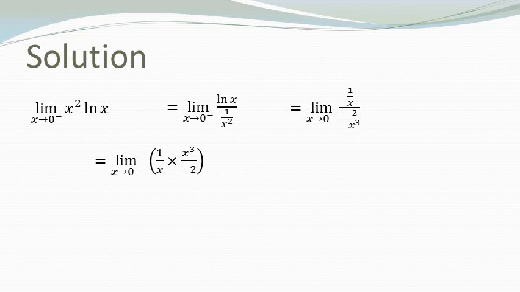Now cancelling out the common factor x, we can say that this is the limit of minus x squared by 2 as x approaches 0 minus, and that's just equal to 0. So in general, for any value of n, we can show that the limit of this function as x approaches 0 minus would be equal to 0.